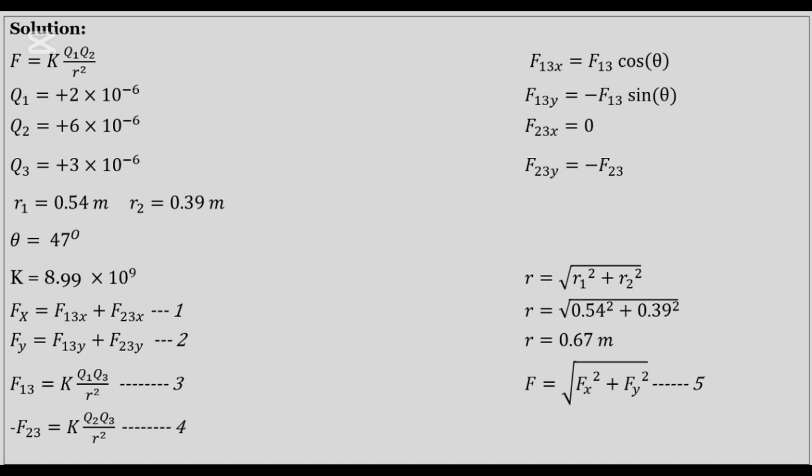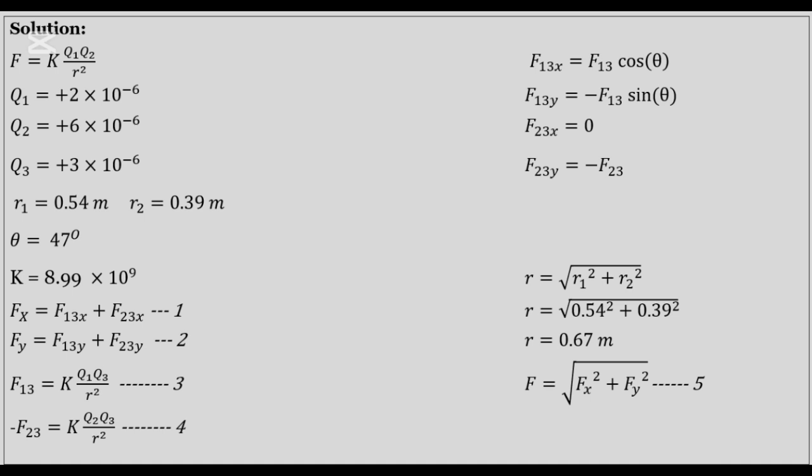So Fx equals F13x plus F23x. Since two charges are exerting forces on charge 3, we consider their forces along the x-axis and along the y-axis. That's how we have equation 1, then equation 2.